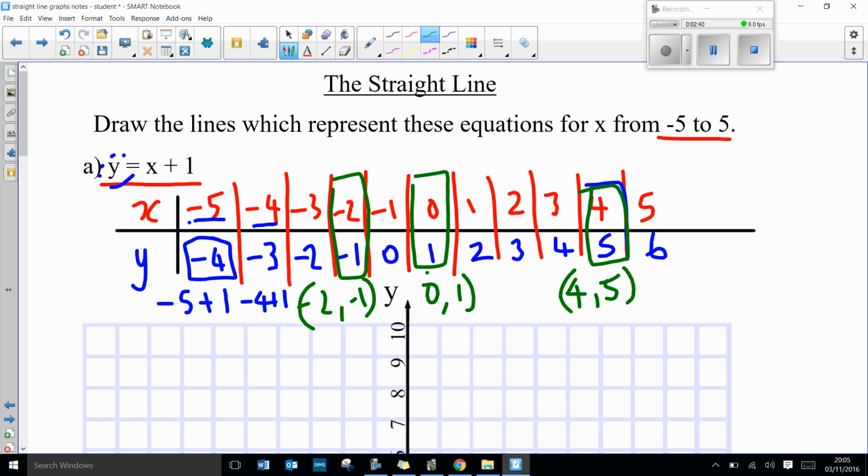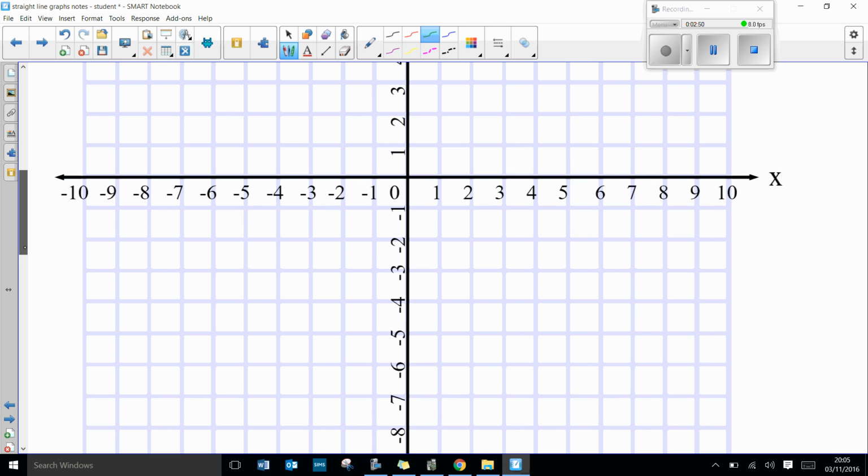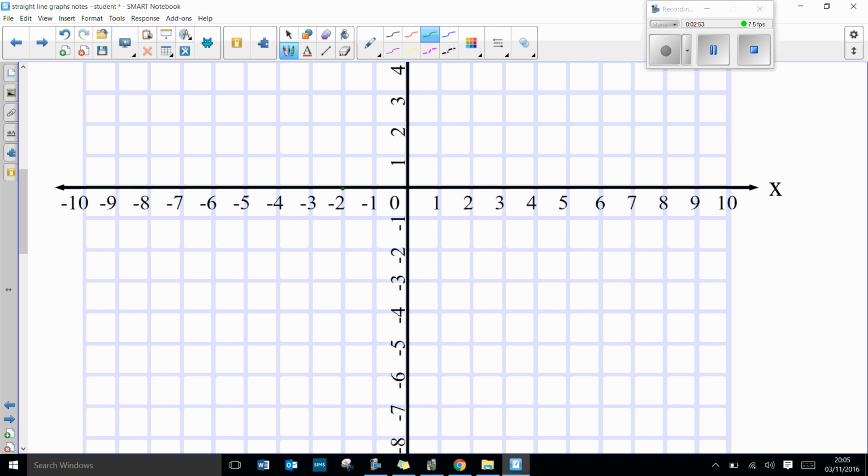Now, you tend to just need 2 or 3 points to actually generate the line. So let's go ahead and plot these. So -2, -1. -2 on the x-axis, -1 on the y gives us that coordinate.